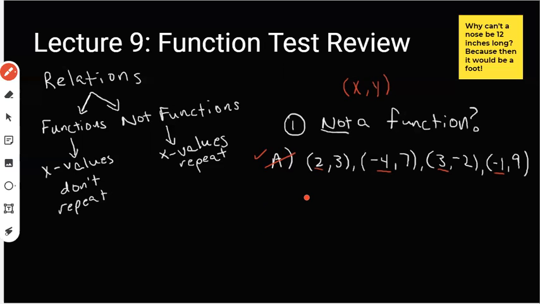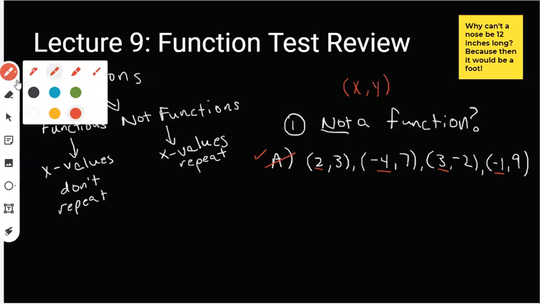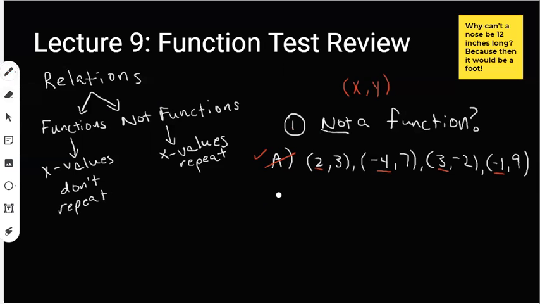But if you look at answer choice B, we get a totally different picture. For B, we have the ordered pairs 4, 6, 6, 2, negative 3, 8, and negative 3, 1.